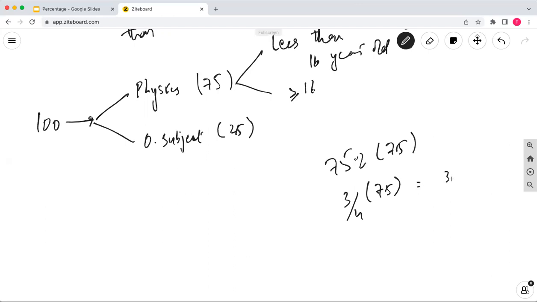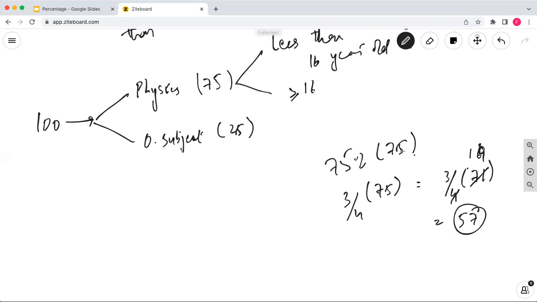So that is 3 by 4 into 76, which is 4 into 19 and 19 3s. That is 57. So that value must be a bit closer to 57, though less than it, but a bit closer.